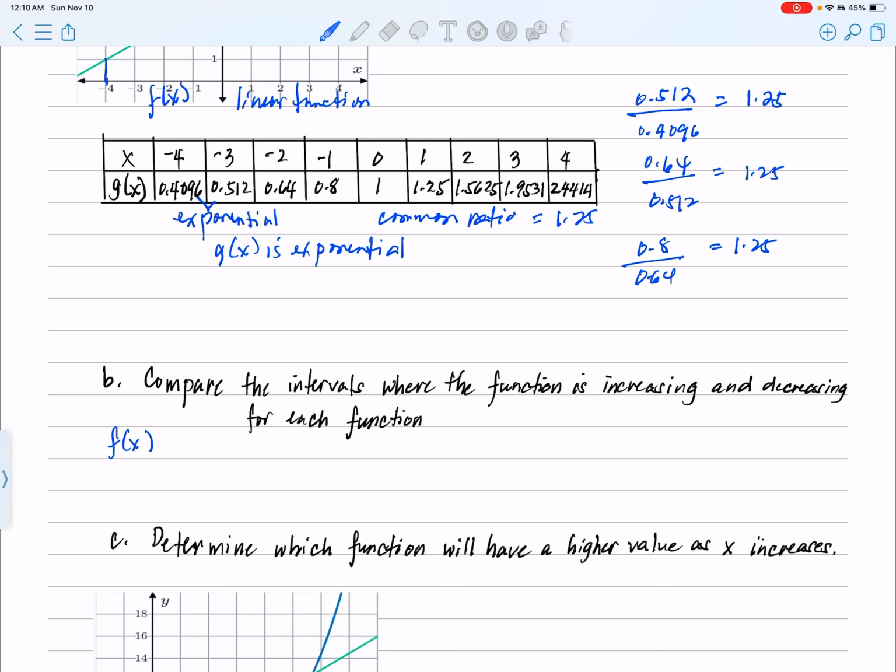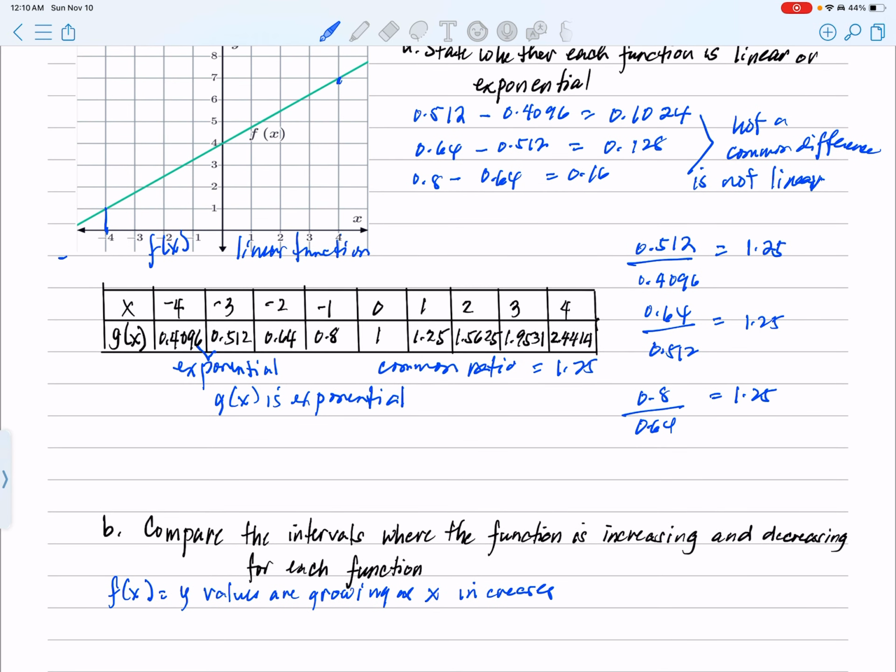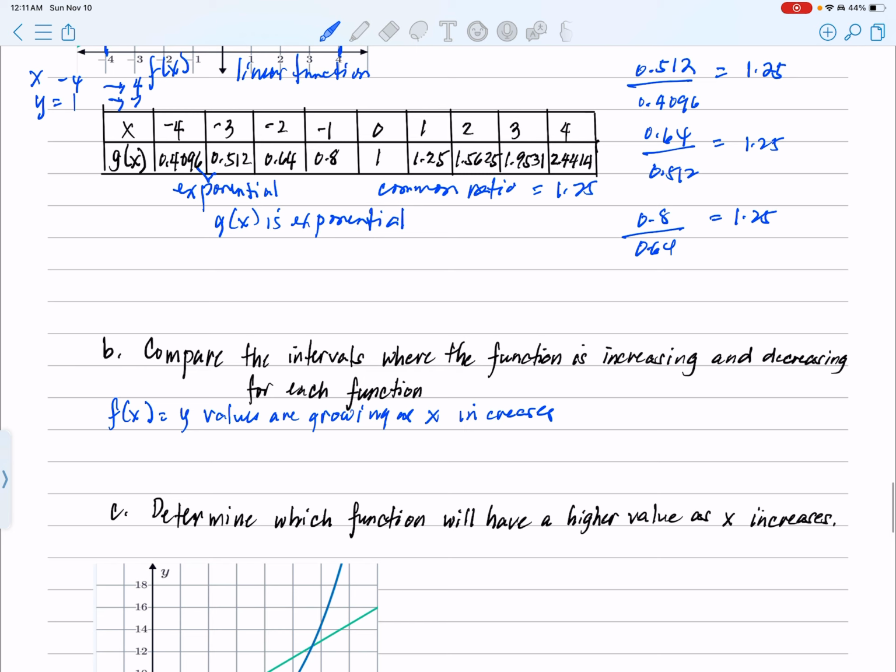We can see that the y values are growing, or increasing, as x increases. Like this, if x is negative 4, y is 1. As x increases, let's say x is 4 right here, y is 7. That is what we mean by y growing as x increases.